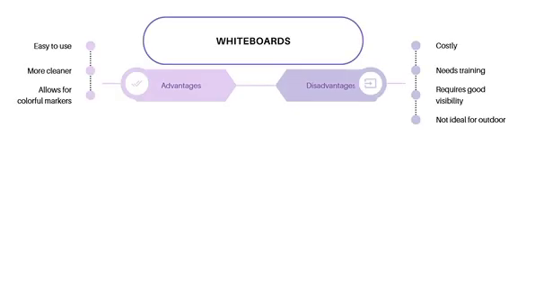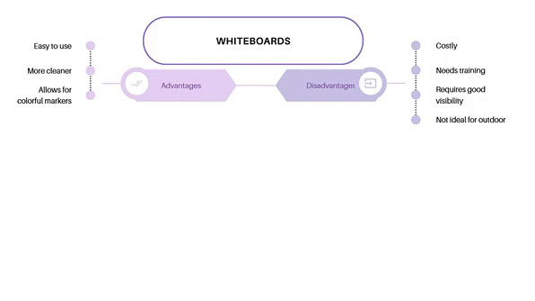Let's see what the advantages and disadvantages of whiteboards are. As advantages, whiteboards are easy to use, easier to clean, and also they allow different colorful markers to write on them. They are really effective for teaching and learning.